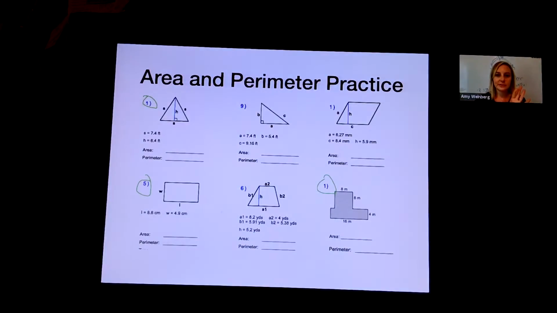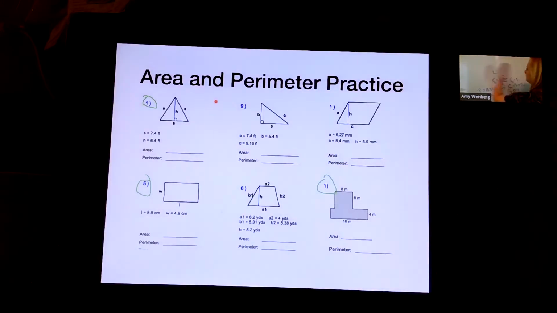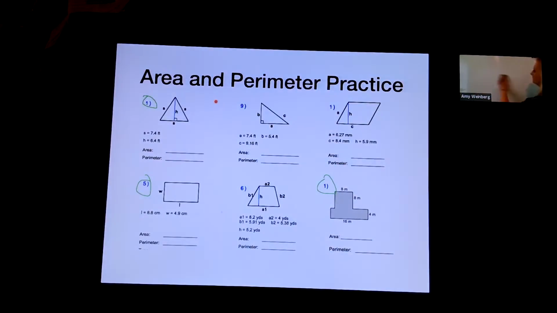We don't need this one. So let's do 1, 5, and 1. And we're finding the perimeter and the area for all 3.